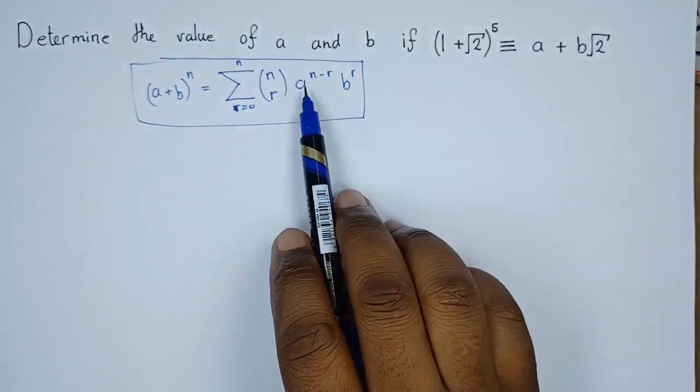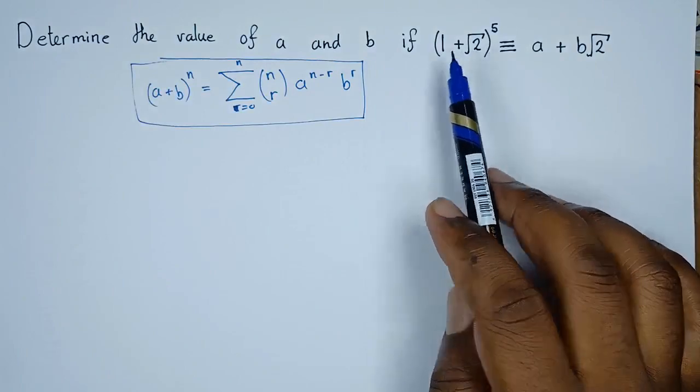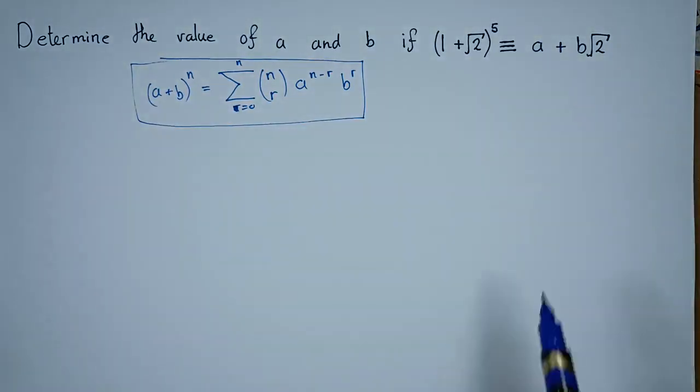So a is representing the first term, which is 1. b is representing the second term, which is root 2. I hope we'll get where it's going. But what we're looking for are actually the coefficients. So let's go ahead and see what I'm talking about.